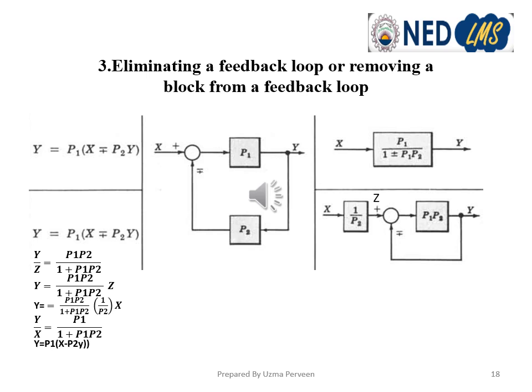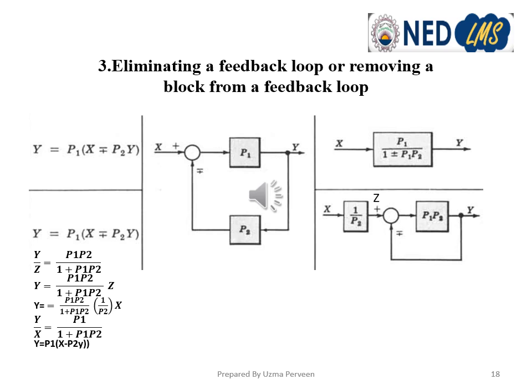So in the next step we have put z equals to 1 upon p2 x, and when we keep x in the denominator in the left hand side, y upon x equals to p1 upon 1 plus p1 p2, where p2 is cancelled in the numerator and denominator in the previous step. And when we simplify this last equation, we'll get y equals to p1 into x minus p2y, which is the same equation for the first diagram.